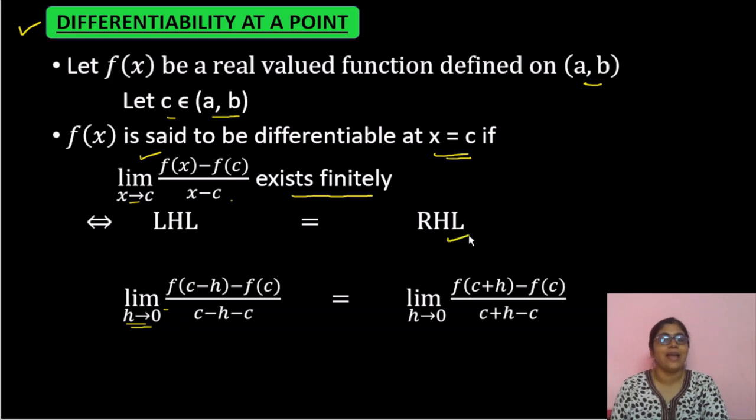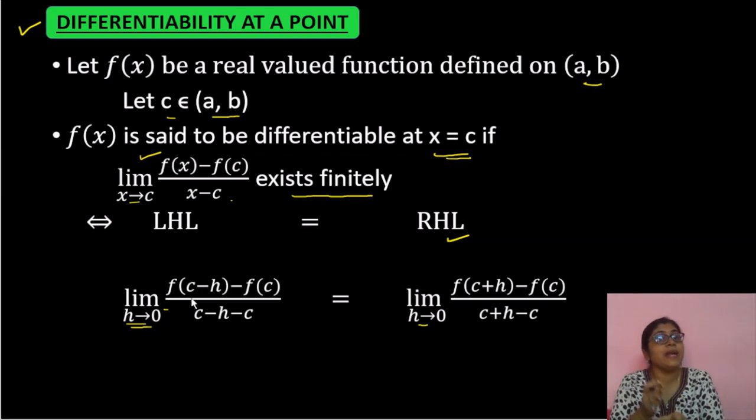And what is RHL here? Limit of h tends to 0, (f(c plus h) minus f(c)) divided by (c plus h minus c). And if both the values are equal, that means the limit exists there.